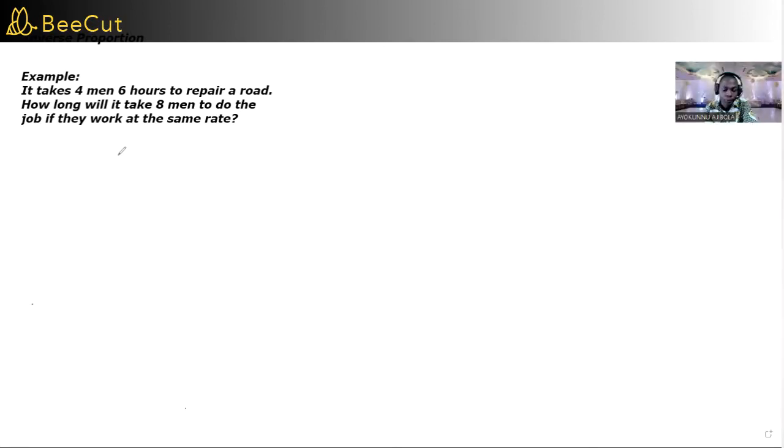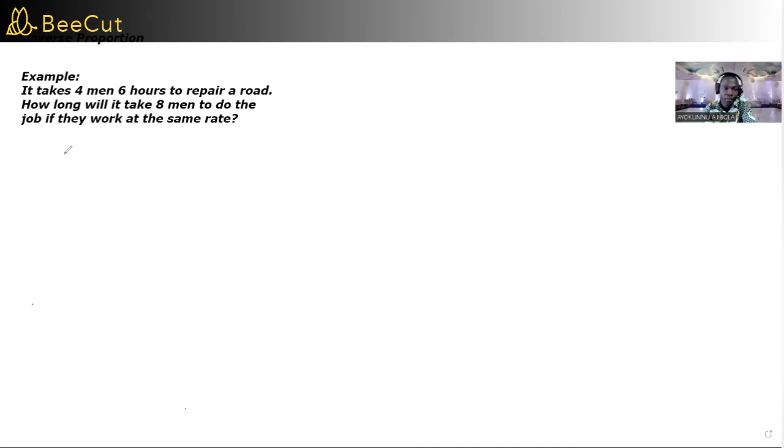So you mean if they increase the number of men, what will happen to the time to finish the job? The time will reduce. And you call that direct? Inverse.